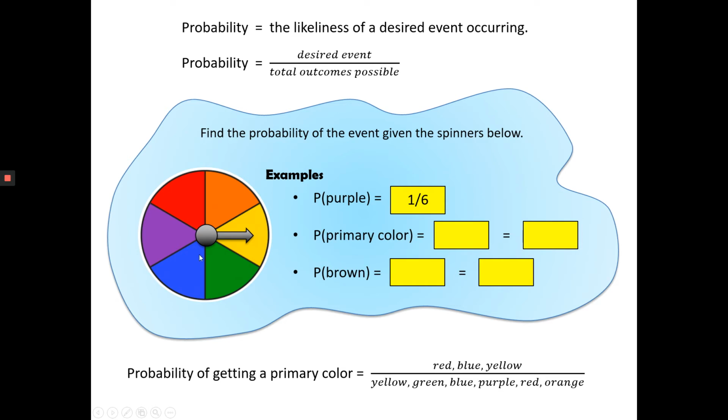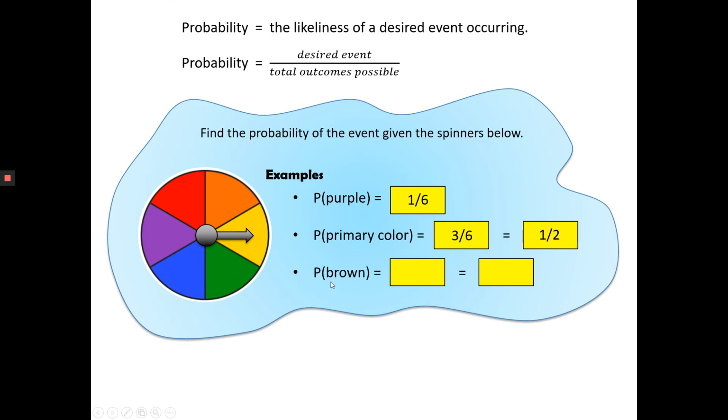It still has a total of 6 outcomes possible, but now we can have 3 of those be okay for it to land on. So that would be 3 out of 6. You're going to type 3 out of 6 here. Anytime you see an equal sign and another yellow box, that means that this fraction can be simplified and it should be simplified. So what does 3 over 6 simplify to? 1/2.